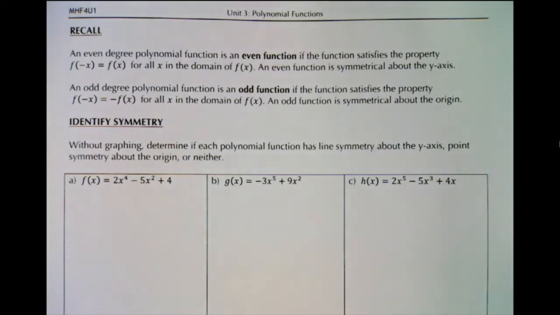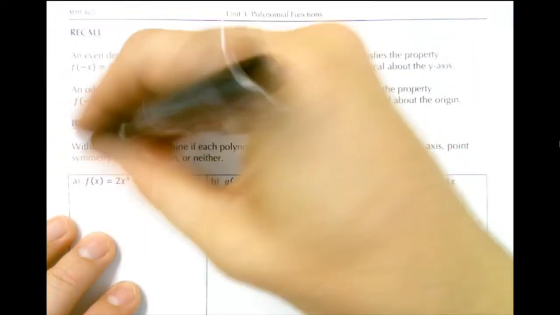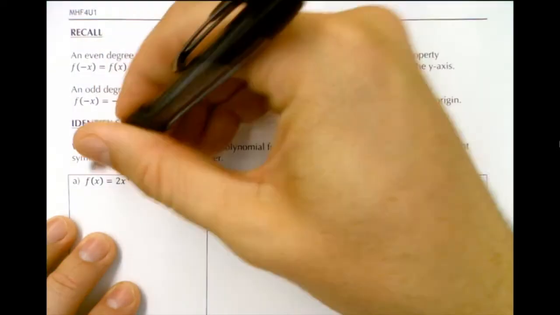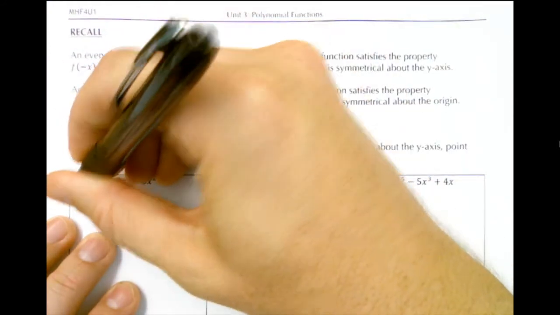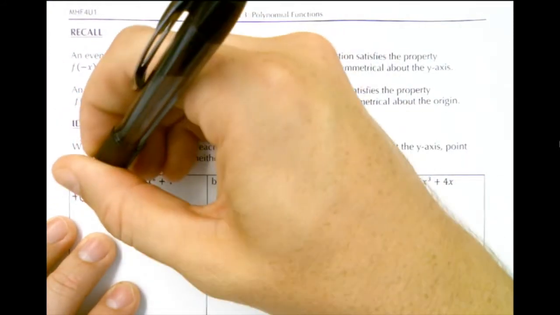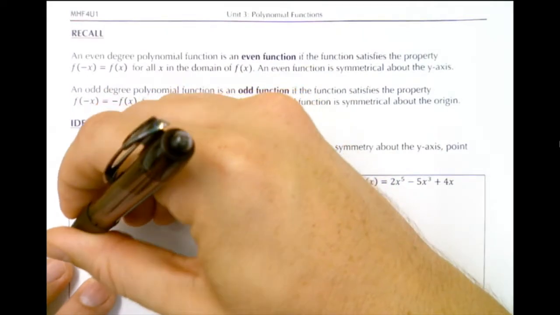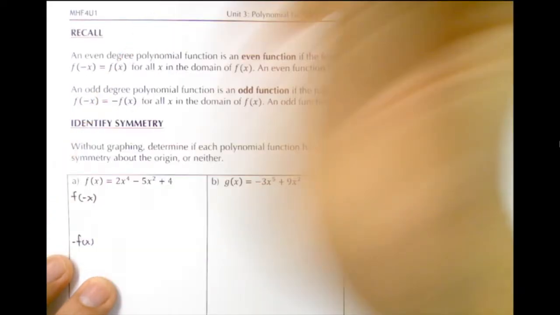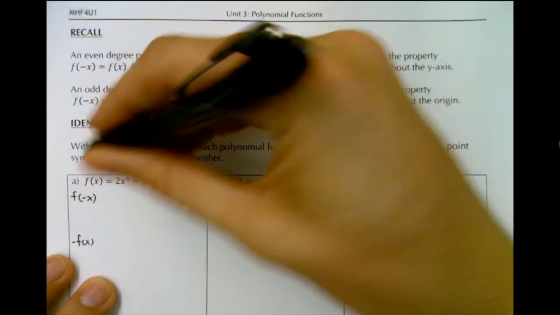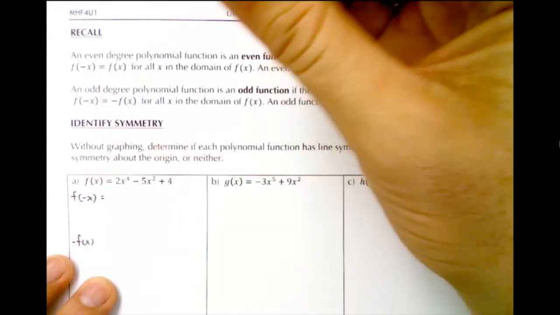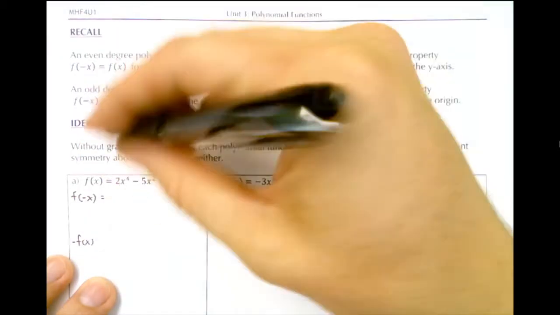So for our test, we need both the original function, we need to see what f at negative x would look like, and we need to see what negative f of x would look like, and then we can do some comparisons. So f at negative x means we're going to replace x with negative x and simplify.